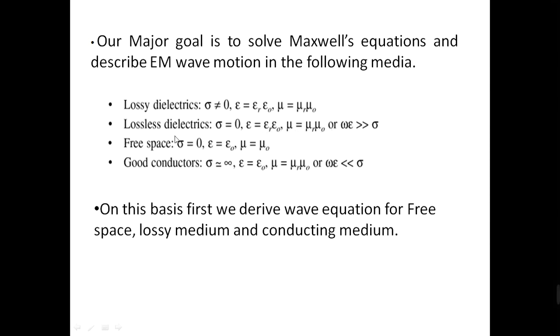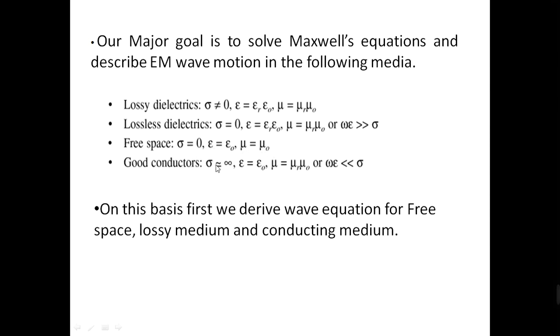For lossless dielectrics, the conductivity is zero, epsilon is epsilon r into epsilon naught, and mu is mu r into mu naught. Lossless dielectrics means omega epsilon is always greater than conductivity. For free space, the conductivity is 0, epsilon is equal to epsilon naught, and mu is equal to mu naught.